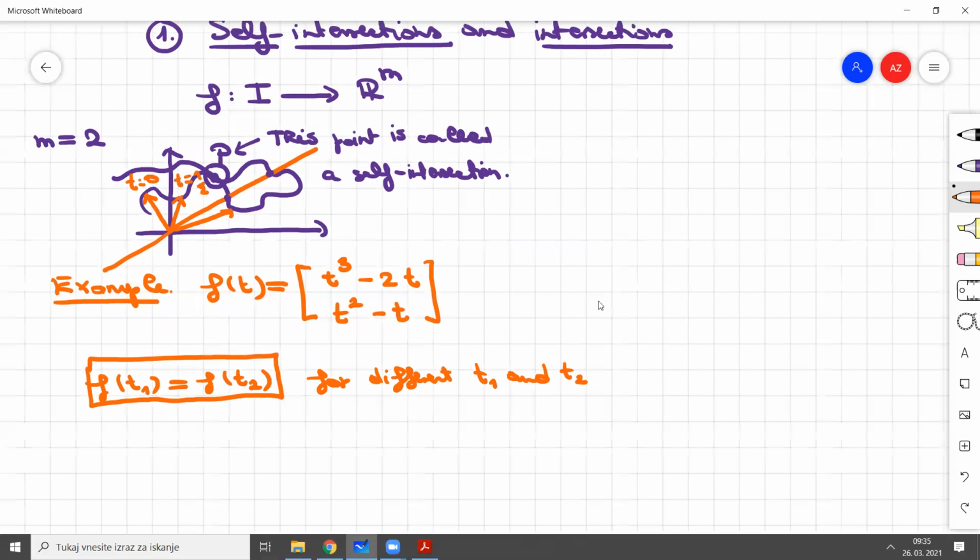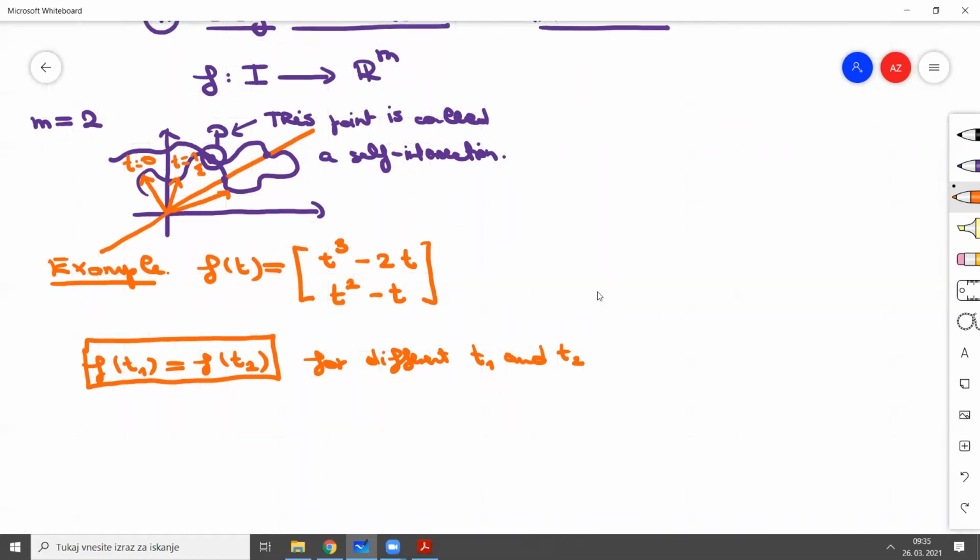And this example is such that we can really do it by hand without computer. Otherwise we would need to use some numerical technique, which we already know, to solve systems of nonlinear equations. But this example is such that we can factorize the equations and determine the exact solutions without numerical method. So let me write. f of t1, this is t1 cubed minus 2t1, and then t1 squared minus t1.